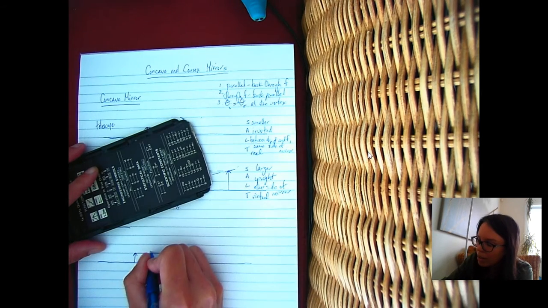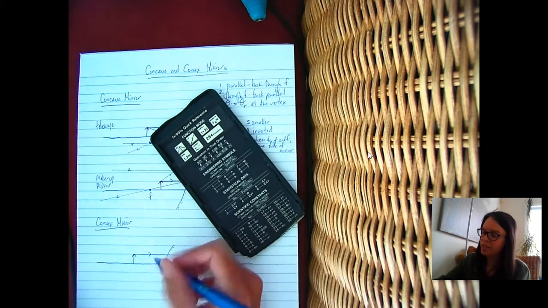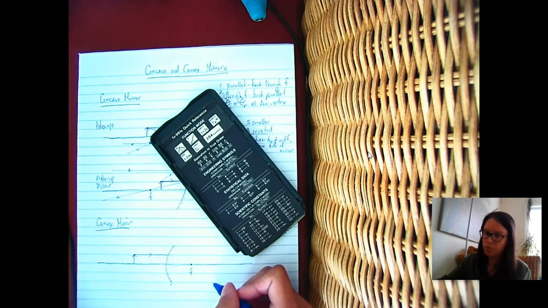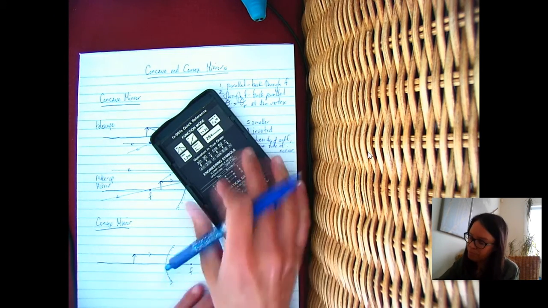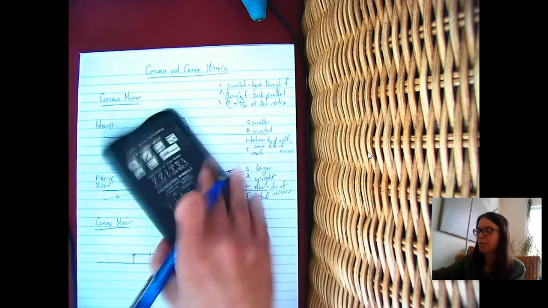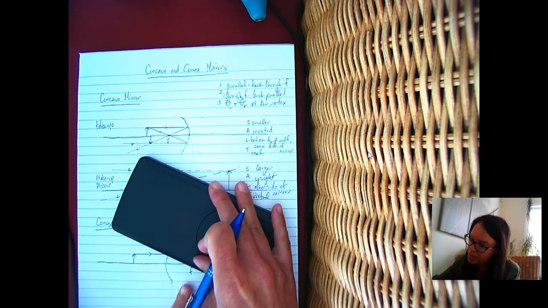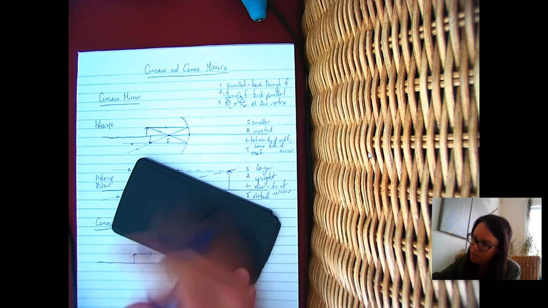Okay. And then I can't actually continue into the mirror, but my light, sorry, has to flip off the mirror. It's going to flip off the mirror and reflect at the angle as if it was headed towards F. So I'm going to line that up like that.